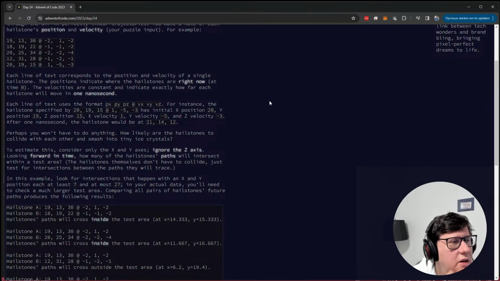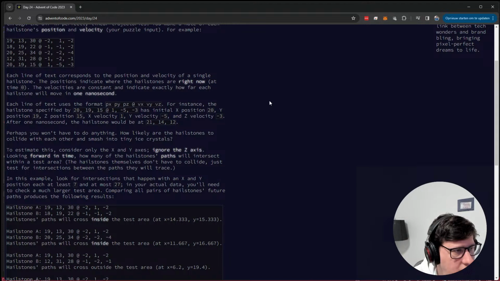Position and velocity of a single hailstone. Velocities are constant and indicate exactly how each hailstone will move in 1 nanosecond. The hailstone specified by this has an initial position of x, y, and z. After 1 nanosecond, it would be there.